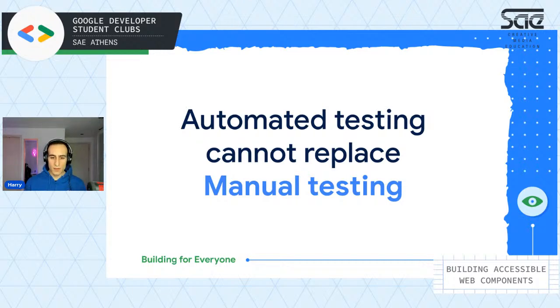Whenever you have anything new, like a new version going live, you can have automated testing, which is invaluable, trying to find if anything goes worse than what it was. But it can definitely not replace manual testing. And well, at least for now.